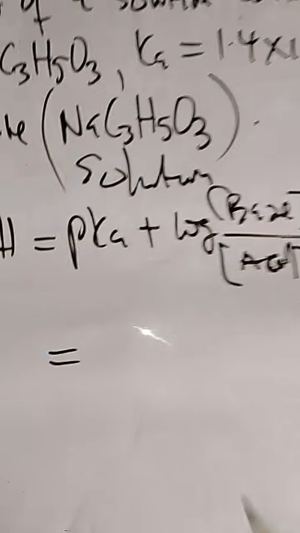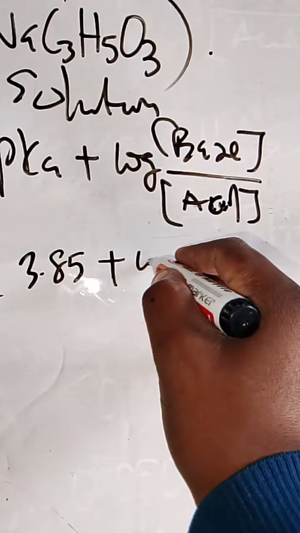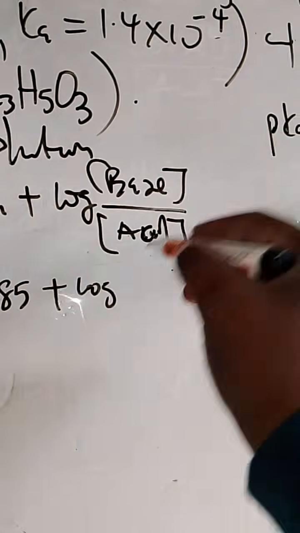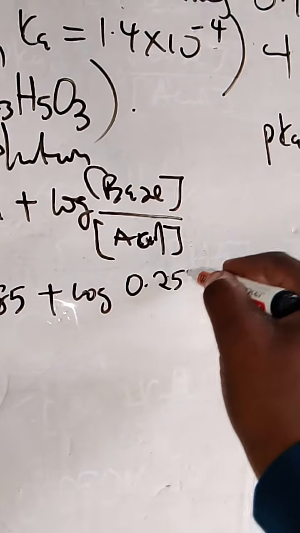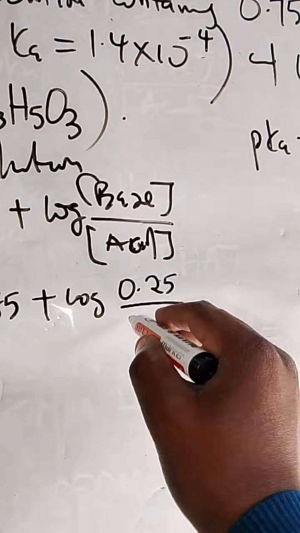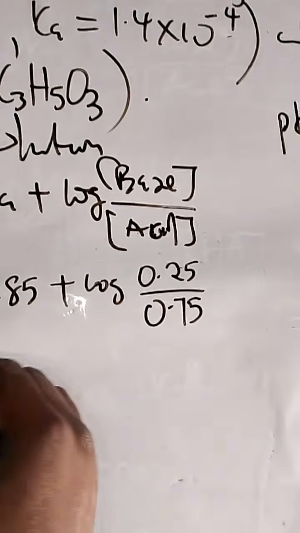That is the pKa. So you bring it in: 3.85 plus log of the base concentration 0.25 over 0.75. You know that the units will cancel.